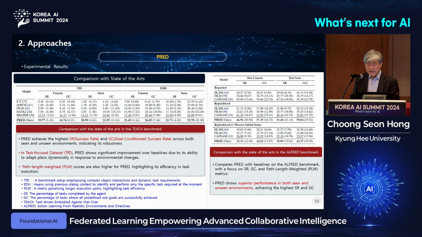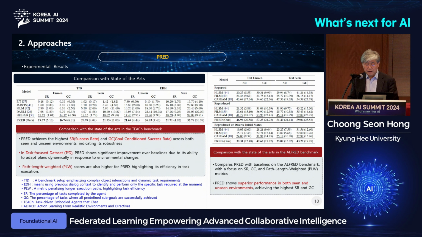Specifically, on the task-focused dataset TFD, PRED outperforms the baseline method by dynamically adapting plans to situational changes. The high path length weighted PLW scores also demonstrate PRED's efficiency, reducing unnecessary actions and completing tasks more effectively.